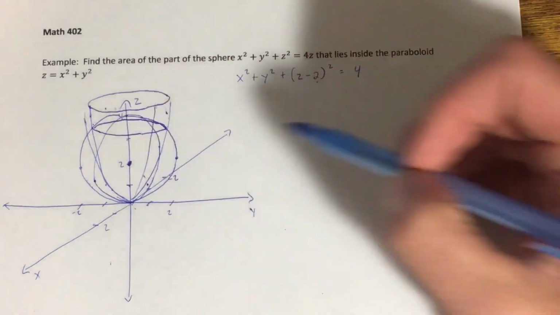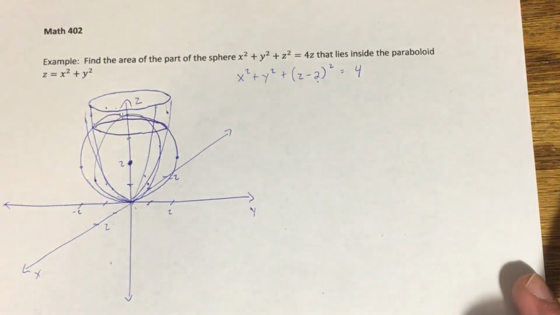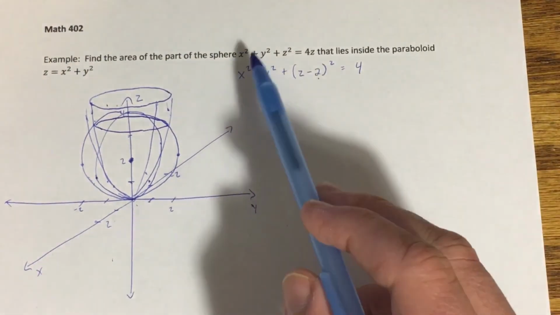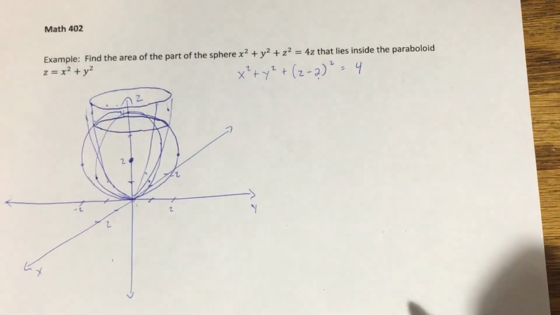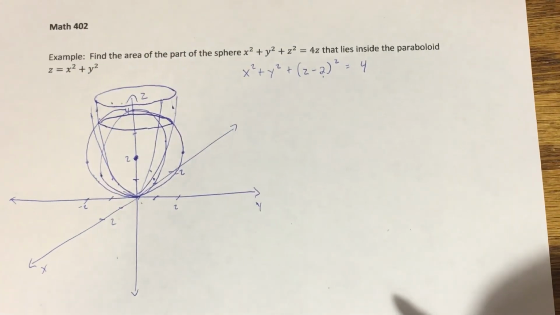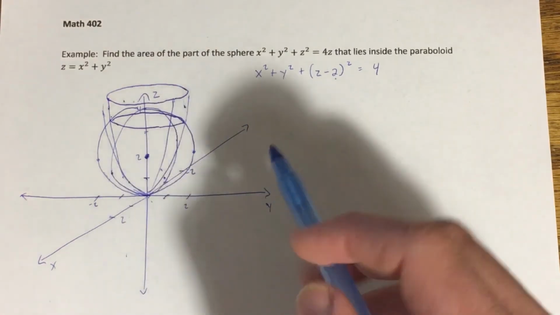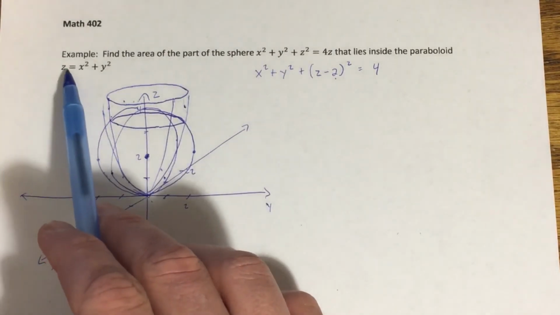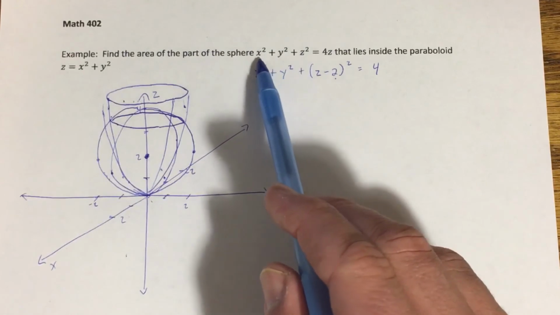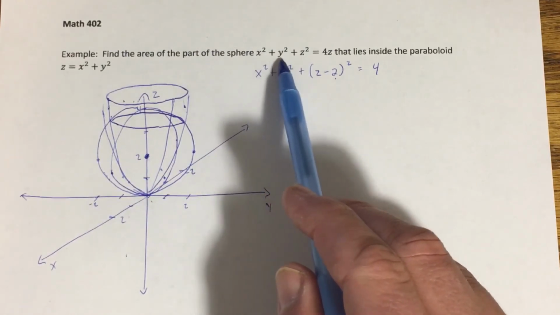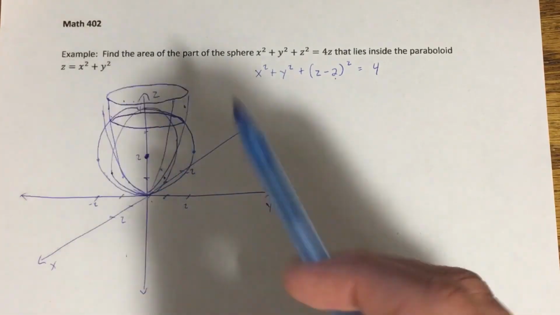So that's a curve of intersection. We've dealt with those before. We use the equations of the two surfaces that we have here to try and find that curve of intersection. So here's how I'm going to do this. I notice z equals x squared plus y squared, and I get an x squared plus y squared also showing up in this equation right here. That's a great place for a substitution.